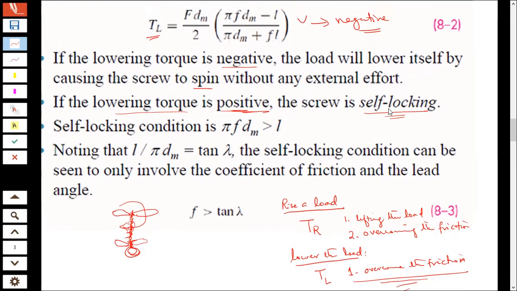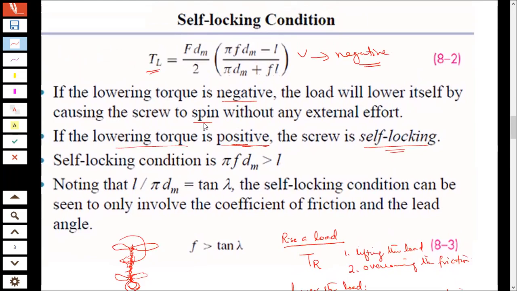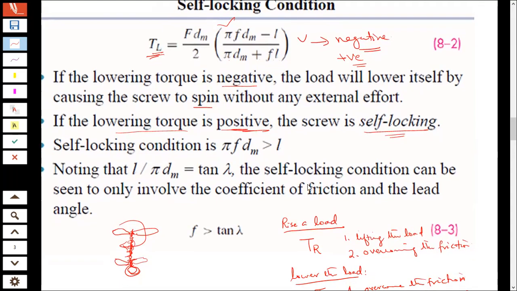So for self-locking, your TL should turn out to be positive rather than negative. So this means that you should get a positive number over here, and if we put that condition, you are going to turn out with pi f dm to be greater than your L, right?